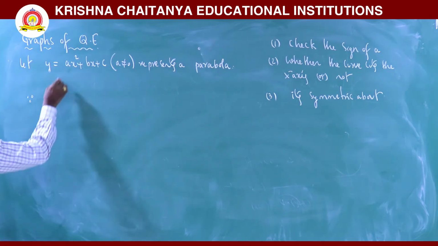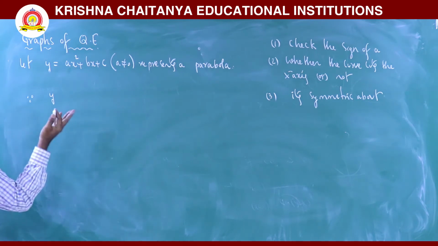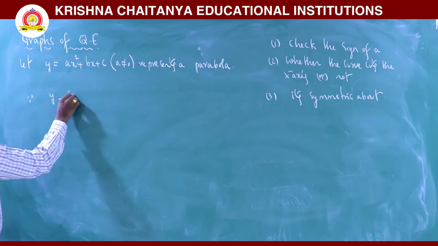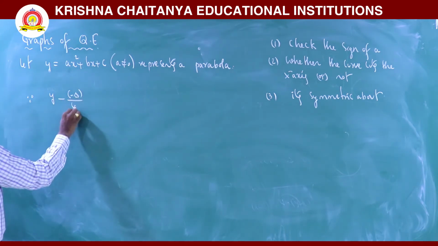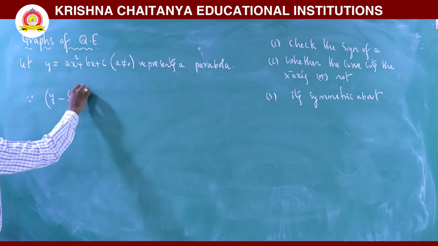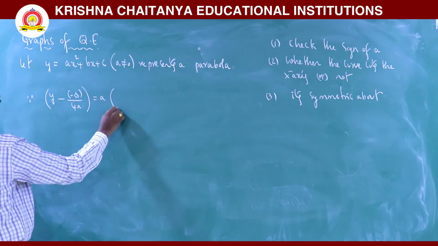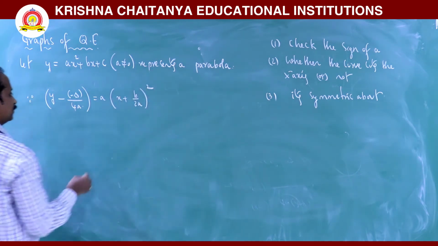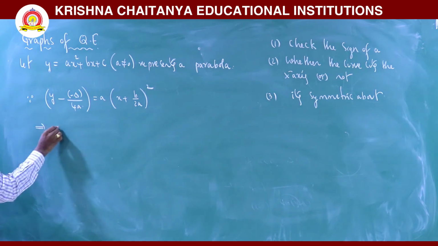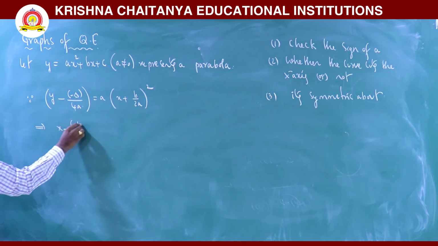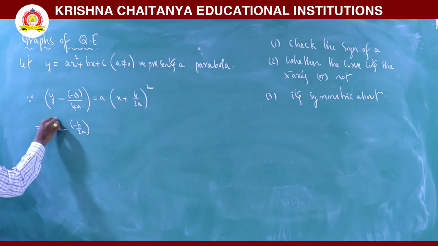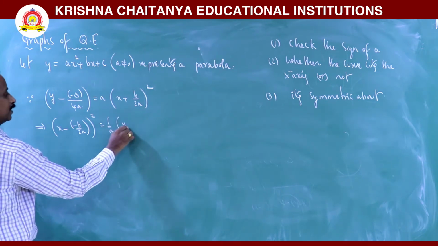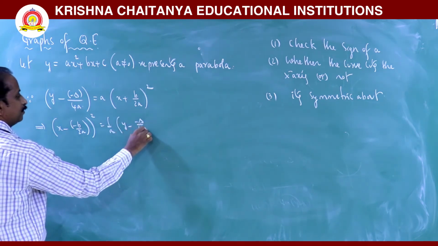For example, if you consider y is equal to ax square plus bx plus c, it represents a parabola. Of the parabola, we know that y minus delta divided by 4a is equal to a times x plus b by 2a whole square. Already we know that. Again we can write this as x minus of minus b by 2a whole square is equal to 1 by a times y minus of minus delta divided by 4a.